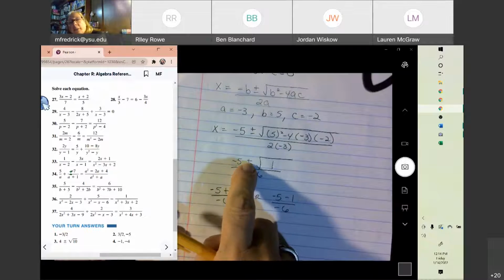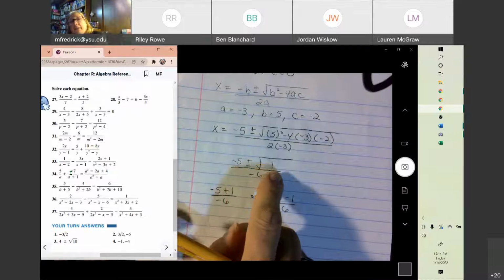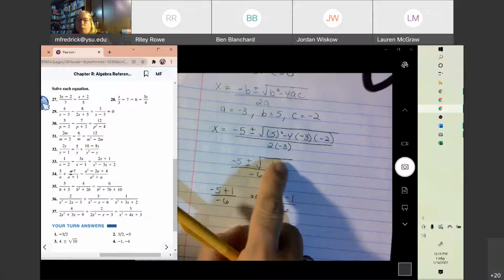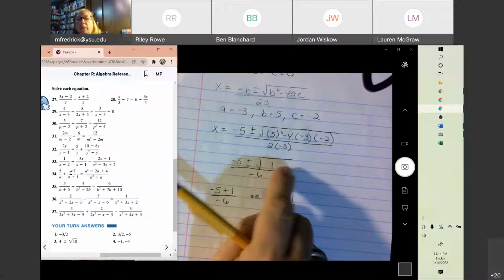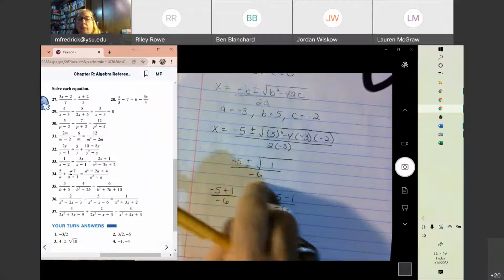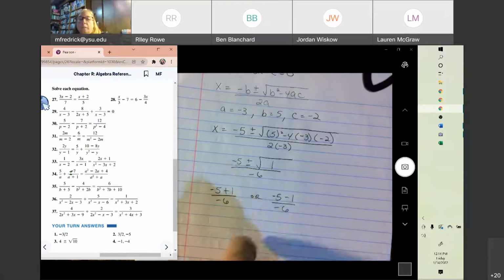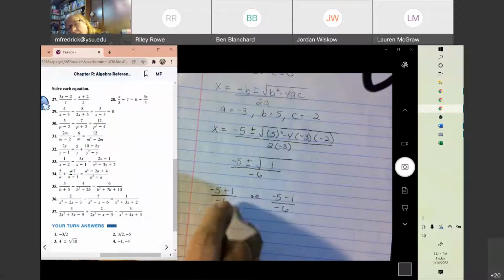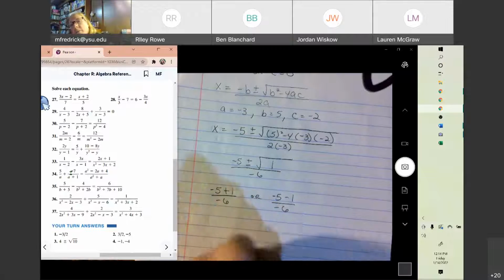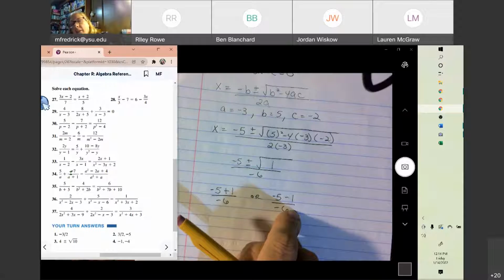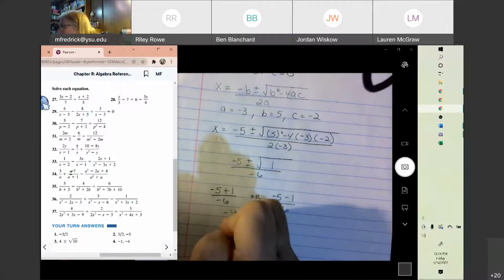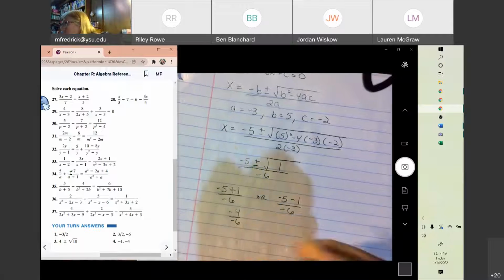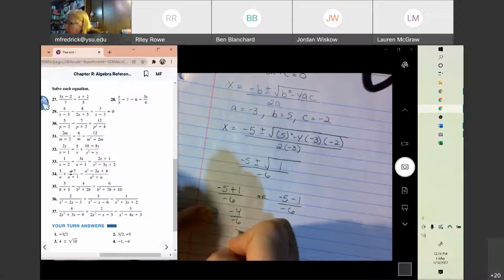So you do the plus of the square root and then the minus. Now, if the square root, say it was 13, it's not a perfect square root, then this would be your final answer. But it's a perfect square root, so we have to look at the plus and the minus. -5 plus 1 is -4 over -6, which is a positive 2/3.